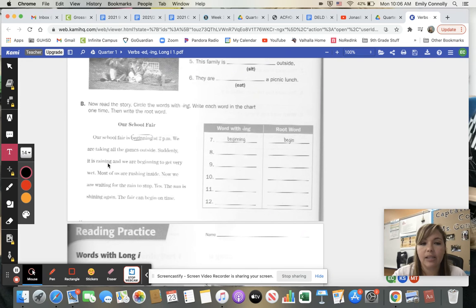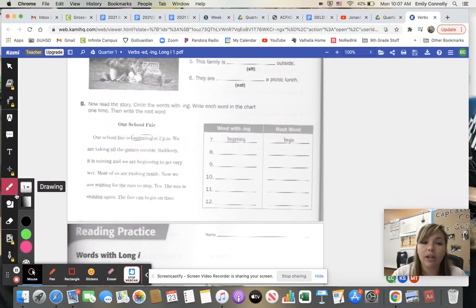Suddenly, it is raining and we are beginning to get very wet. Most of us are rushing inside. Now we are waiting for the rain to stop. Yes, the sun is shining again. The fair can begin on time.